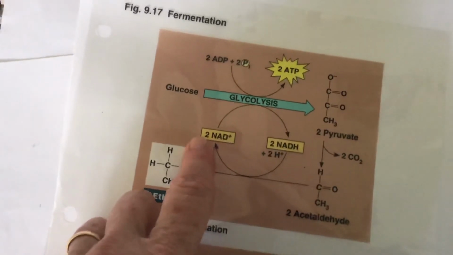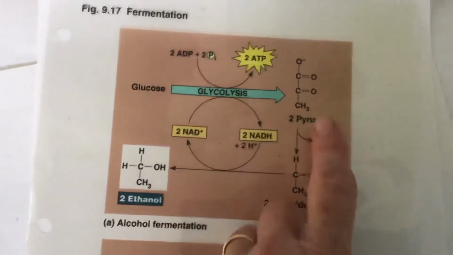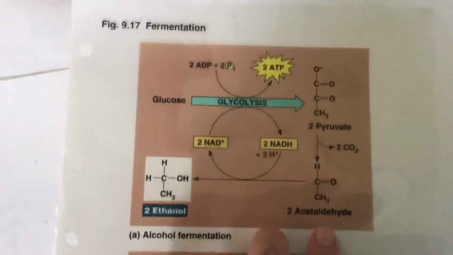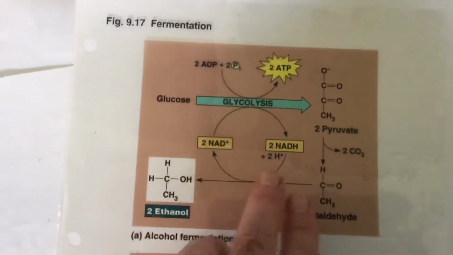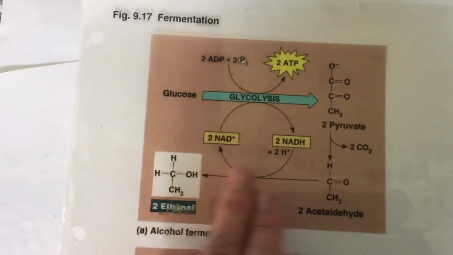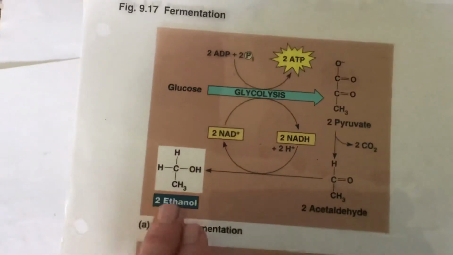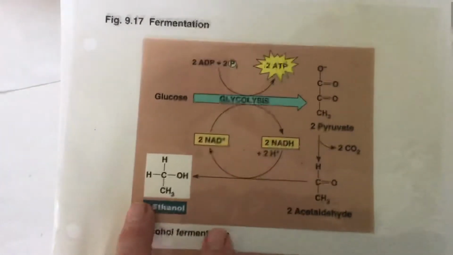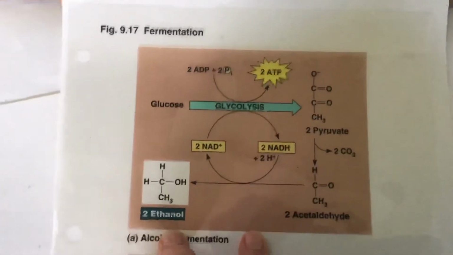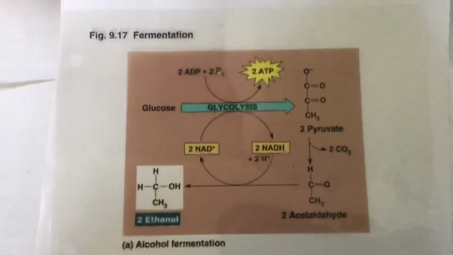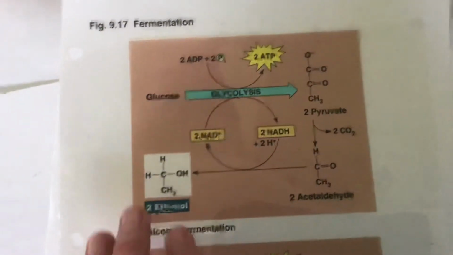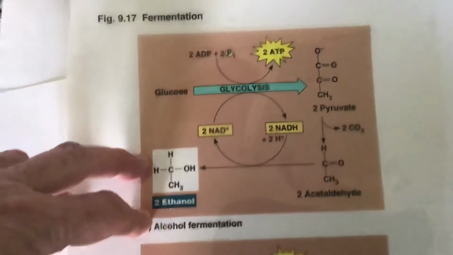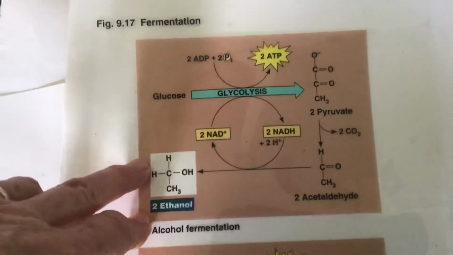So in this case, I take off a molecule of CO2 and create this acetaldehyde here, which will then, in order to get my NAD back, be converted to ethanol. Ethanol is a 2-carbon molecule, and this process can never go back. This is what is used in making beer or wine. Once I produce the ethanol, I can never enter into the aerobic, regular cellular respiration.